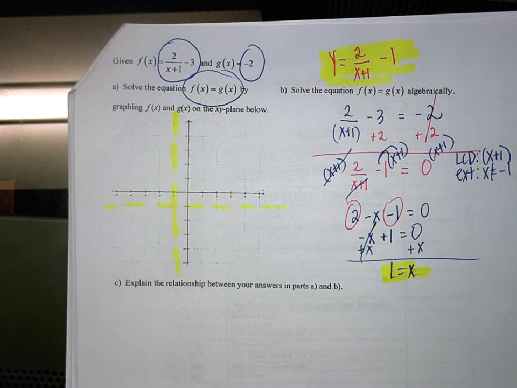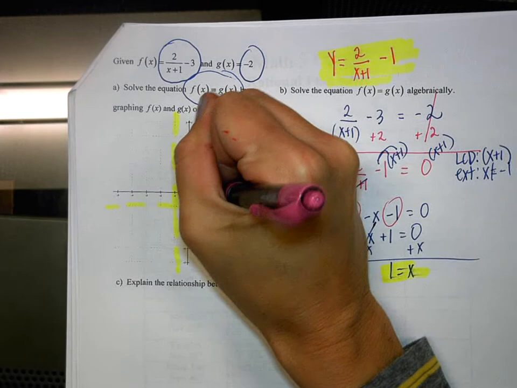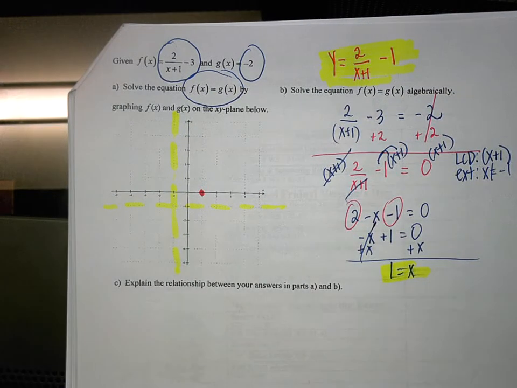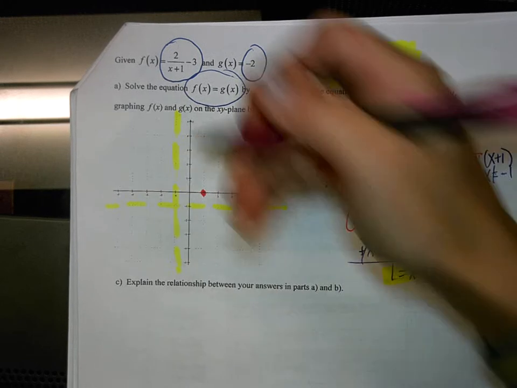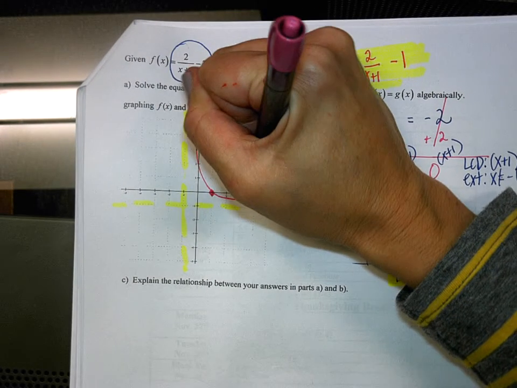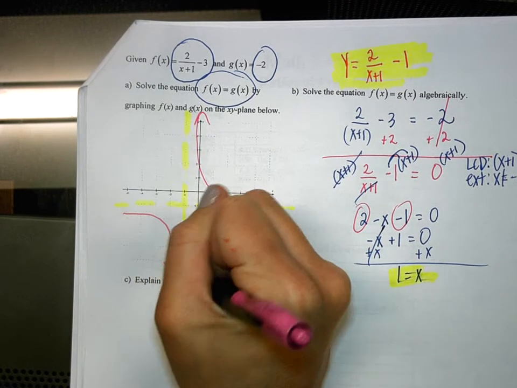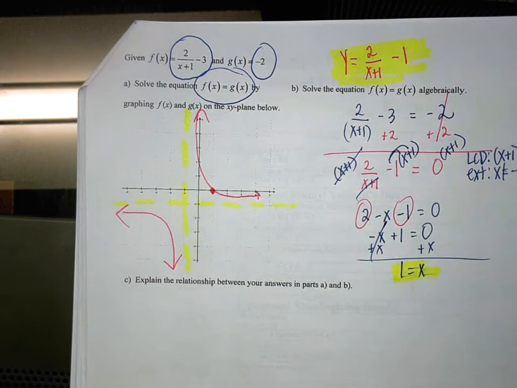Okay, when you solve that, you got the x value, the x-intercept at 1. Now, because they didn't ask me to find the y-intercept, I don't have to make it accurate, although you could. But because this x-intercept is right here, I know that this curve is here, and the other curve is down here, diagonal.